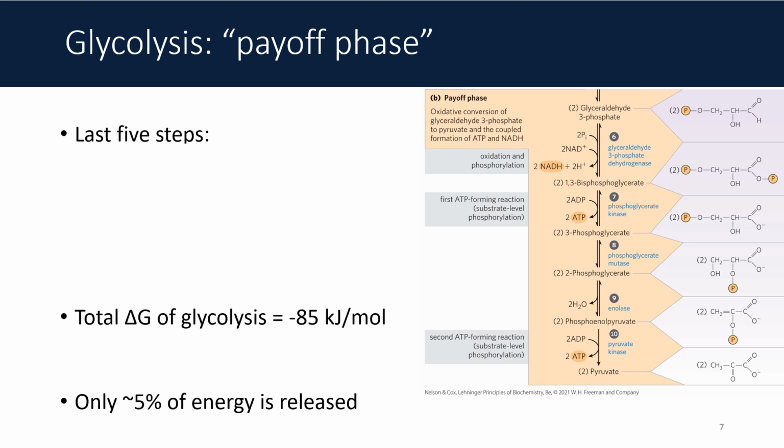The last 5 steps of glycolysis constitute the payoff phase. Remember, since one glucose is cut into ultimately 2 G3P molecules, these last 5 steps occur twice per glucose.